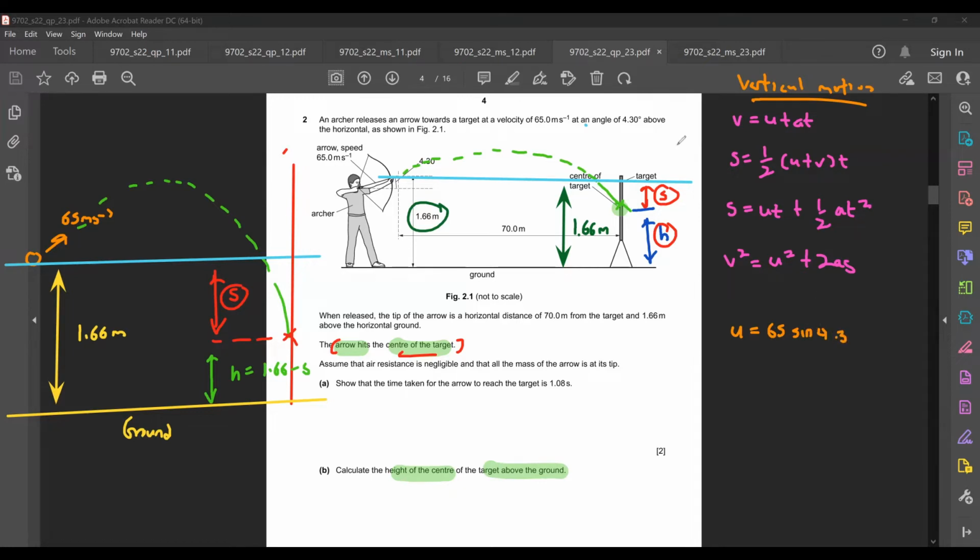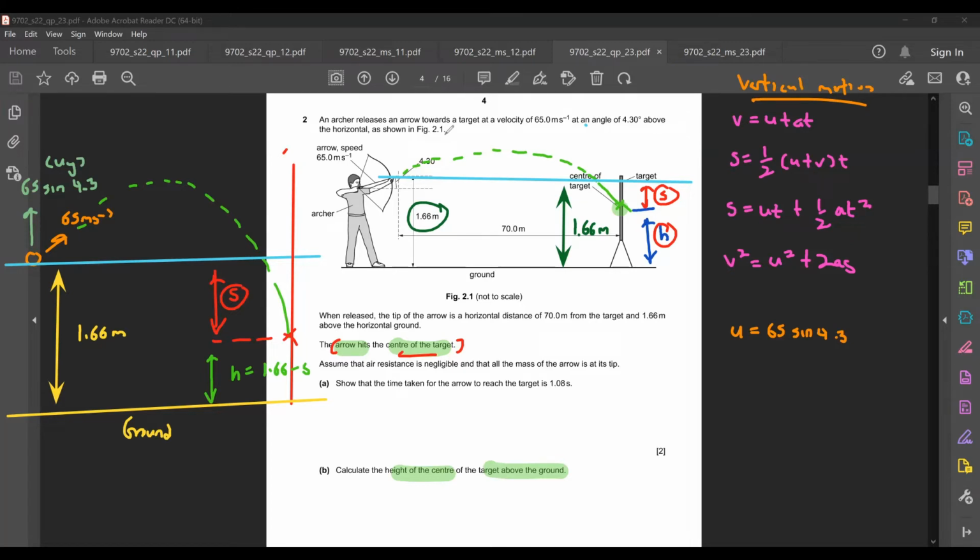Because just now I actually did resolve the velocities out for you. This one was going to be 6.65 sine 4.3. This one is actually your vertical velocity, or uy, just to be consistent. This one is your initial vertical velocity.